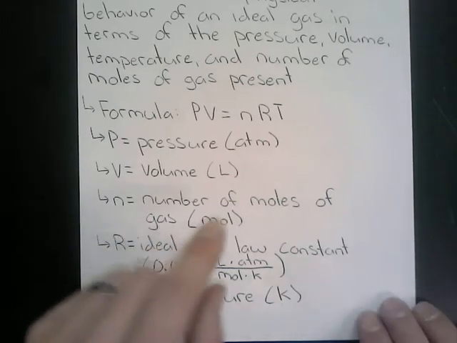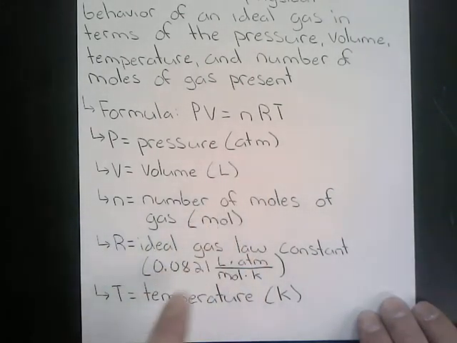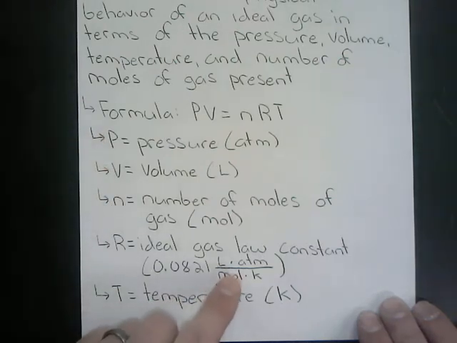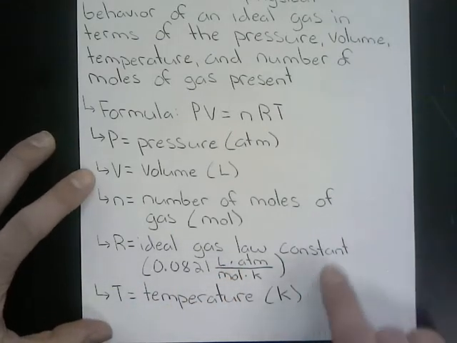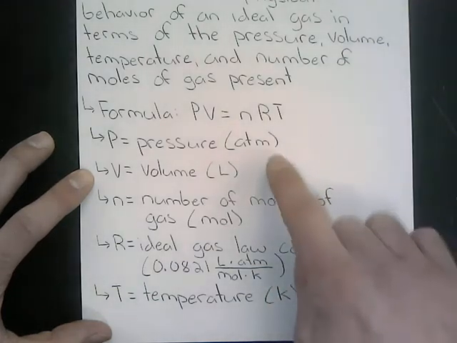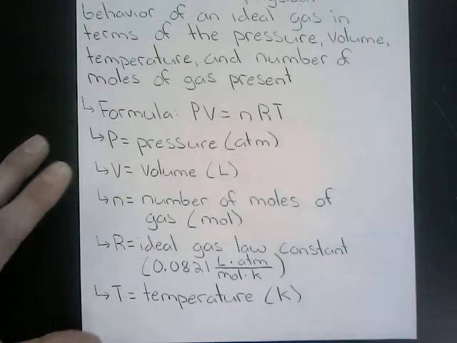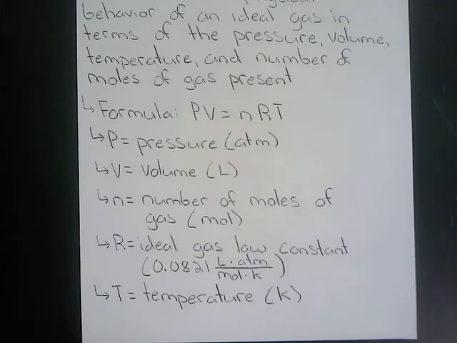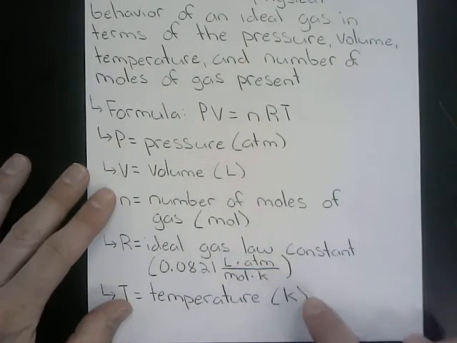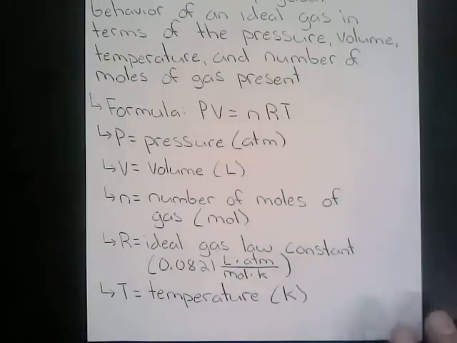The reason that we have to have these specific units for P, V, N, and T is because our units for the ideal gas law constant are these specific units. So know that we have to convert these things to these units, and that our constant is always a given, and because we have these given units, we have to have everything else in those units.